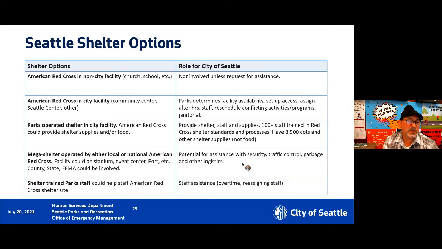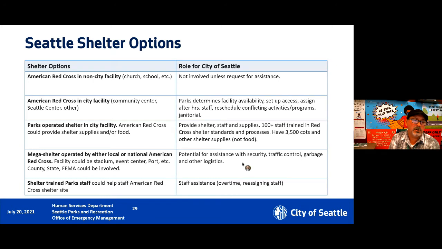The American Red Cross could provide the shelter supplies and food. The city would provide the shelter, staff, supplies, about 100 trained staff in the American Red Cross standards and procedures, and have about 3,500 cots and other supplies, but not including any food.